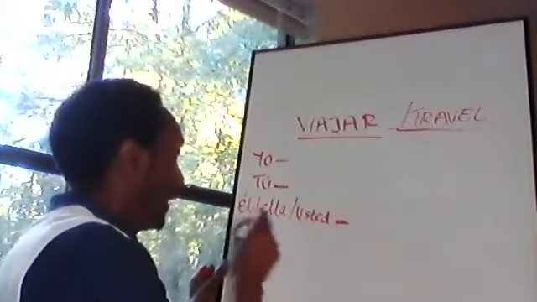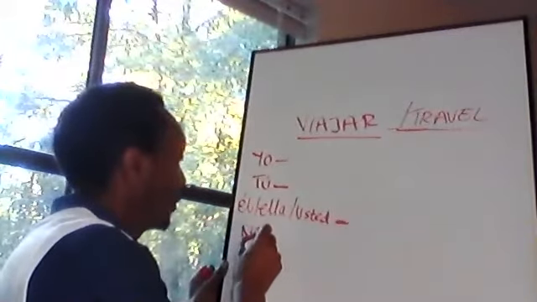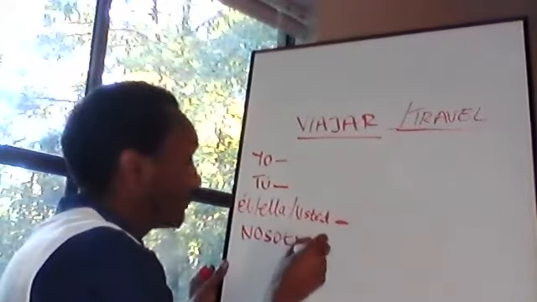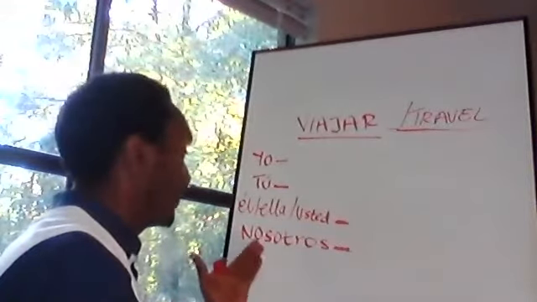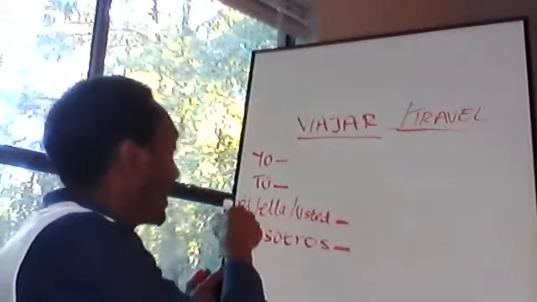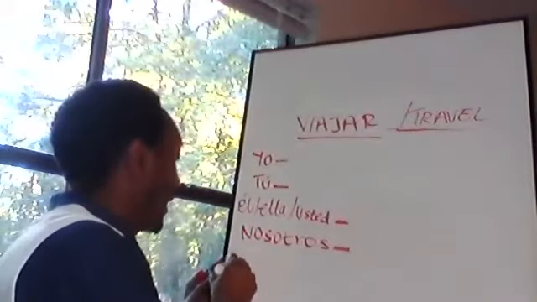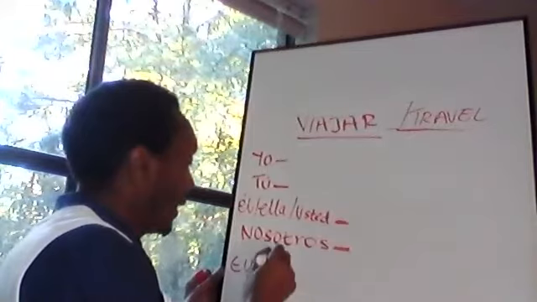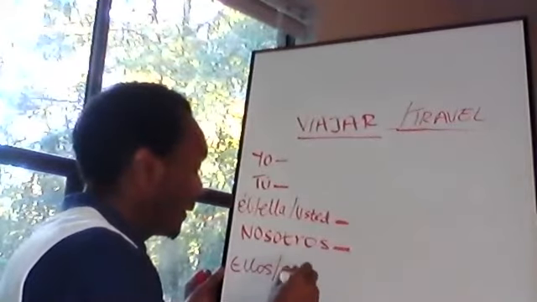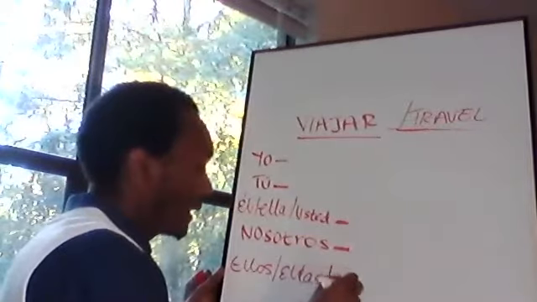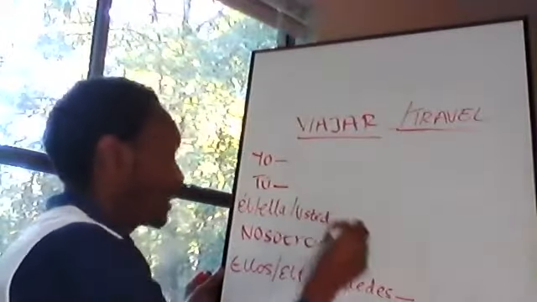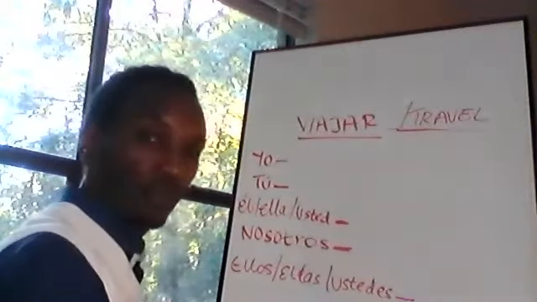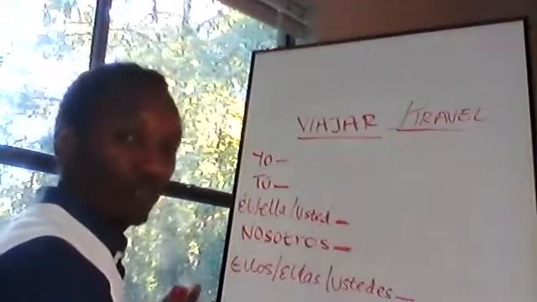And then we have nosotros, which is we. Remember, nosotros is we. And then we have the plural of him, her, and you, which is ellos, ellas, and ustedes. They fall on the same spectrum again. Our endings are not going to be on the same line symmetry, but don't worry about the symmetry. Let me write this in a straight line so you can see it on the board.